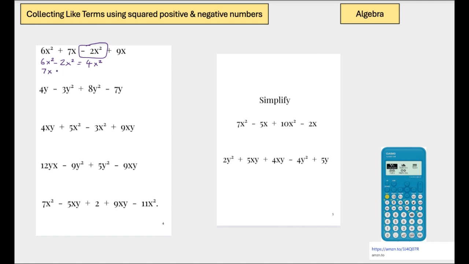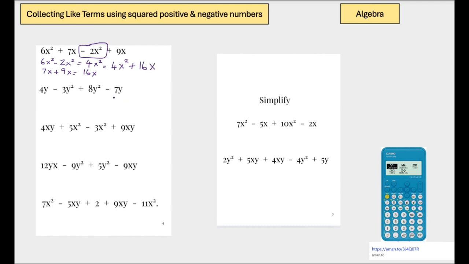I stress plus because the plus is attached to this 9x. Which is 16x. And then you put it all together, and your answer is 4x squared plus 16x.